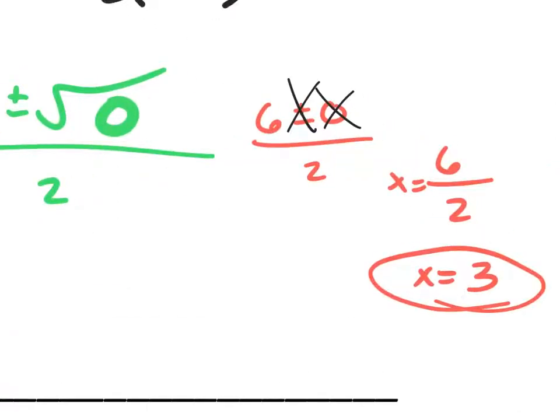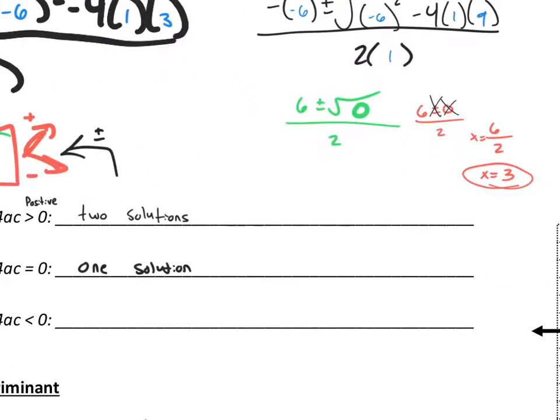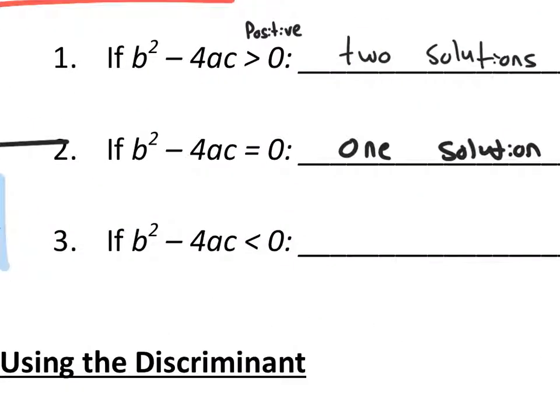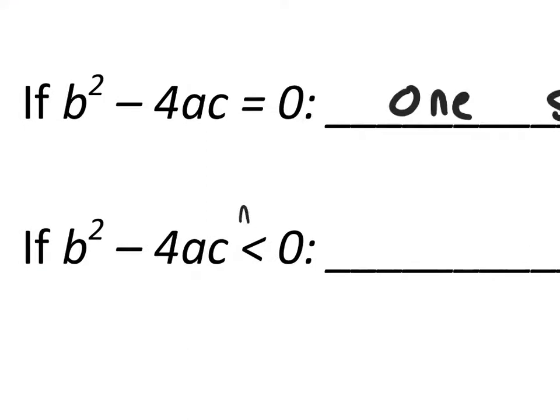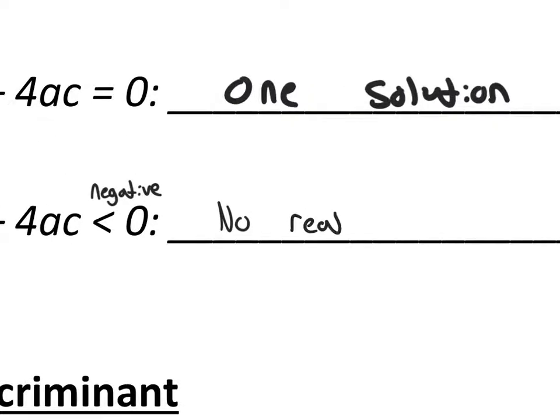It's just whatever your two numbers divided by are to get one solution. And if your discriminant is less than 0, which tells you that you're negative, that's when you get an error and you have no real solutions.